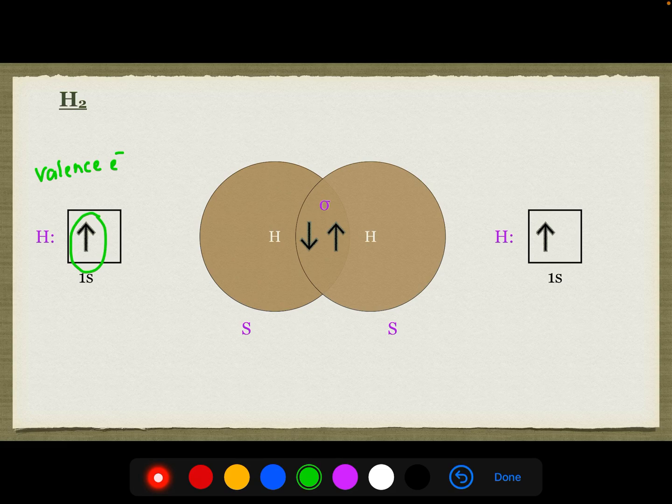Okay, so that is why we are going to draw s orbital for the first hydrogen. Okay, the second hydrogen pun sama, dia pun ada one valence electron located at 1s orbital. So kita pun lukis 1s orbital untuk the second hydrogen.